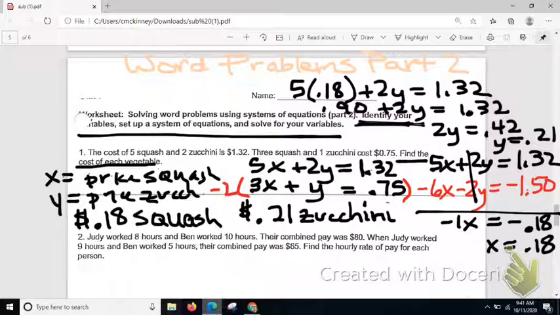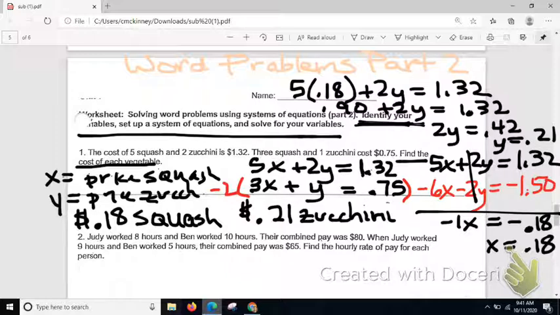So very much like what we did last time, if you did the elimination work, that should not be a problem. In number 2, with Ben and Judy, again, it's going to be elimination. So I will warn you that when you do number 2, Ben and Judy are both making very small hourly amounts.